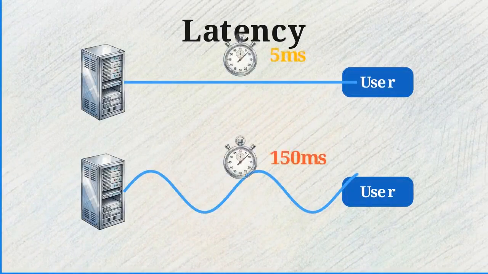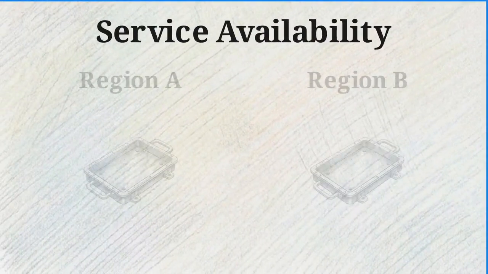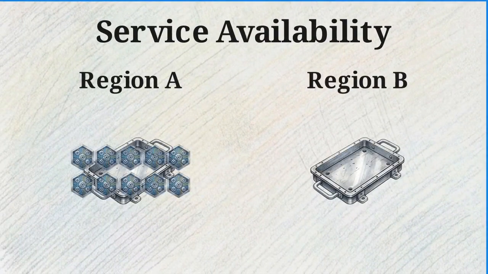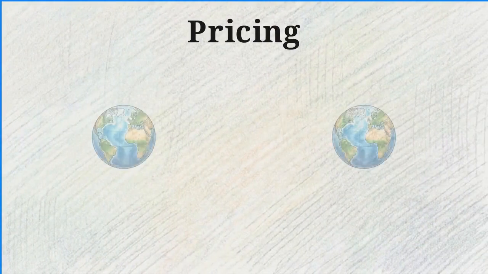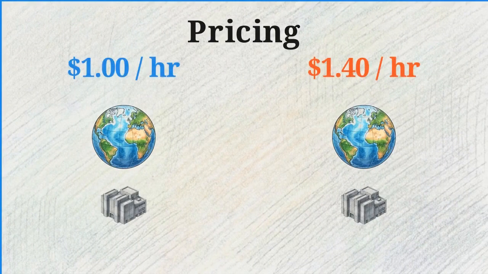The second constraint is user latency. The physical fiber path length between your servers and your users dictates round-trip speeds, requiring proximity to your primary user base. The third constraint is service availability. Cloud providers pilot new infrastructure in specific target regions first, so the catalog of managed services varies globally.